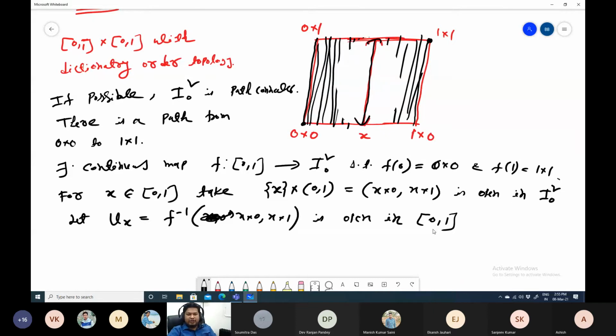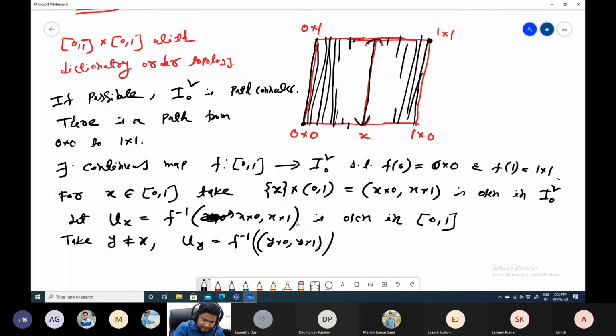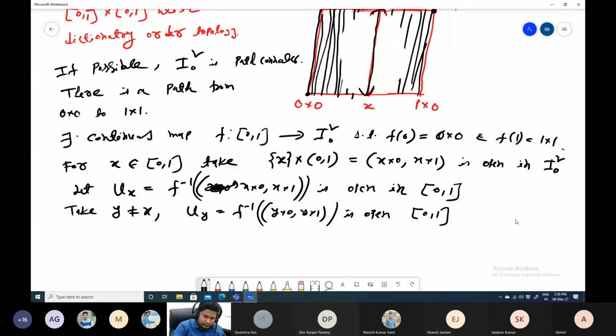U_x is open in [0,1]. Now take y which is not equal to x. Then U_y will be f inverse of the interval (y,0) to (y,1). Again this is open in [0,1].